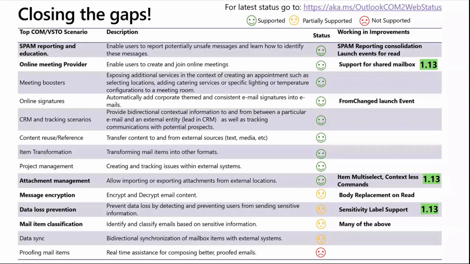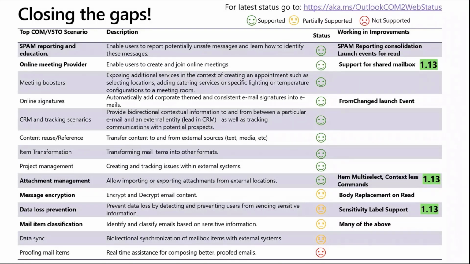Basically, the approach my team is taking is that we have identified a set of different scenarios that have the top use in the COM add-in world. As you can see, this list is summarizing a lot of information, but I'm not going to go row by row. What I want to tell you is that these are the scenarios that are more popular in the Outlook add-in world.